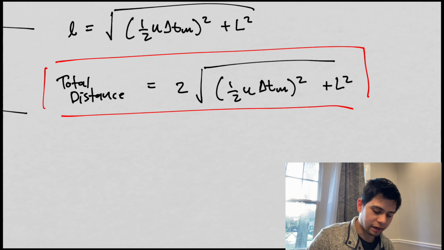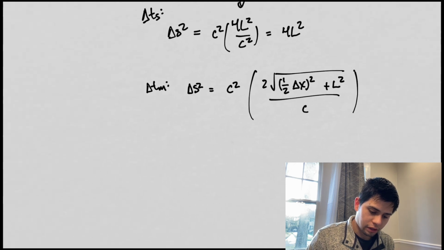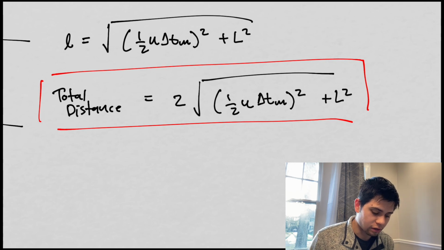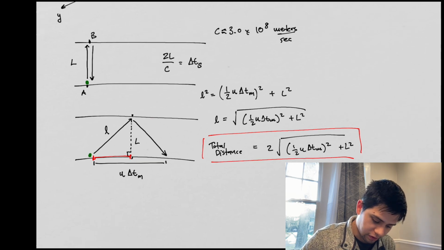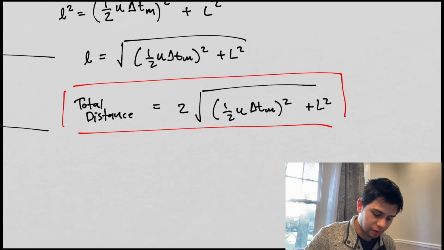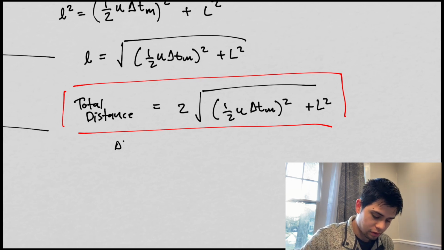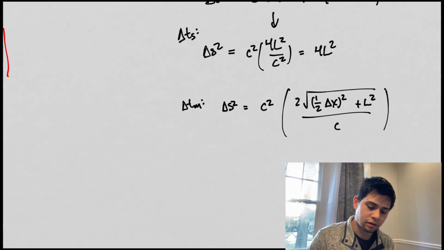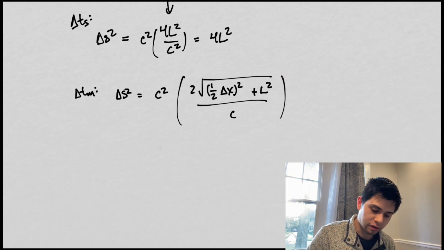And we're dividing by C in this case because the total distance is going to be the time times the rate, and we're just going to divide both sides by C, because this right here is a time unit.